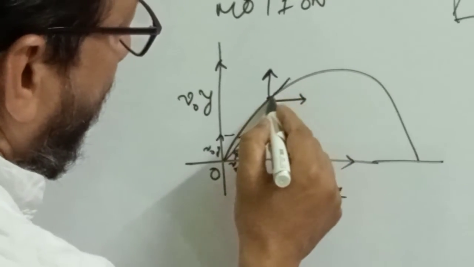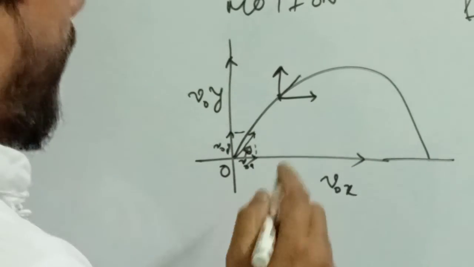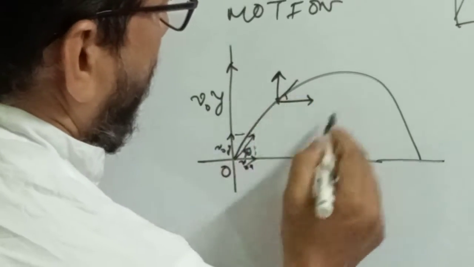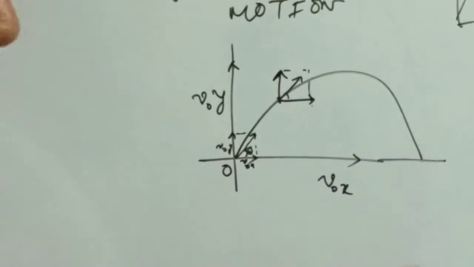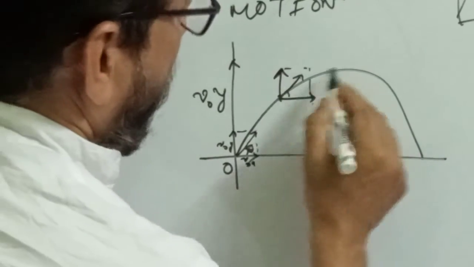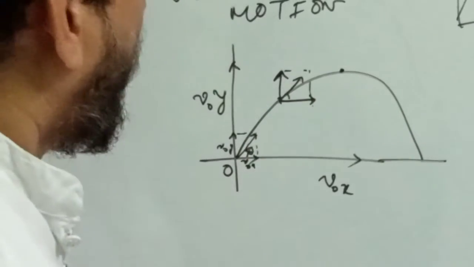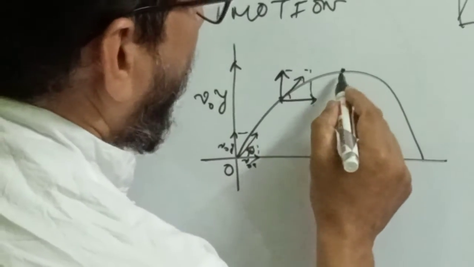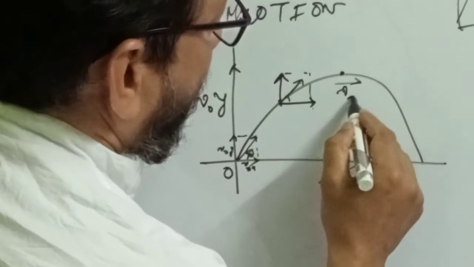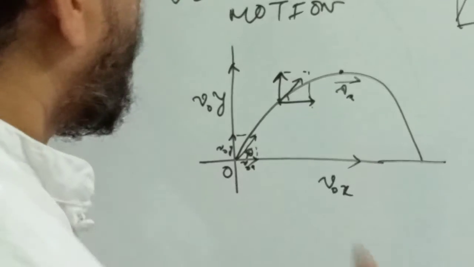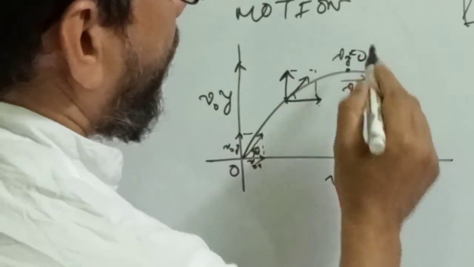Similarly, for the vector formula, the vector composition will be this. Here, Vx will be like this, but Vy will be equal to 0.